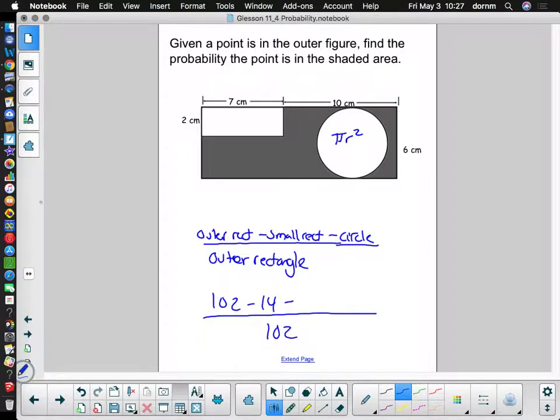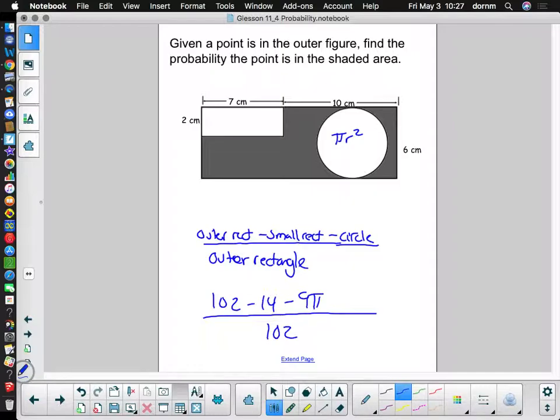Although I'm not given any measurements in the circle, I do know that the distance across the circle here is the same as the side of my rectangle, which is 6. Is that the radius? No, it's a diameter. So the radius is 3. So pi r squared, 3 squared is 9, so that's 9 pi.